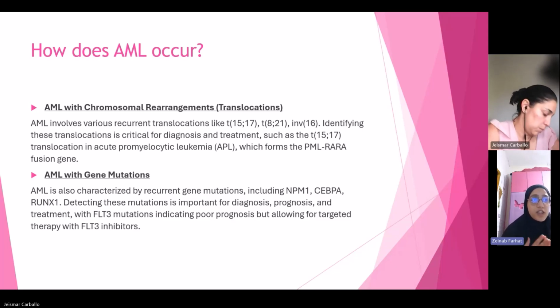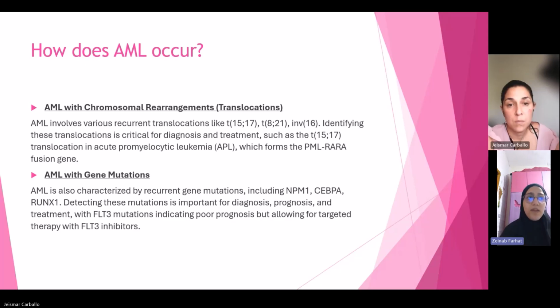Identifying this translocation is critical for the diagnosis and the treatment of the disease because, for example, a translocation between chromosome 15 and 17 could lead to the formation of a fusion gene, the PML-RARA gene, which is when we have two genes, each of them functional, they fuse together, they retain both of their functions, but sometimes their function will be activated more, leading to promyelocytic leukemia.